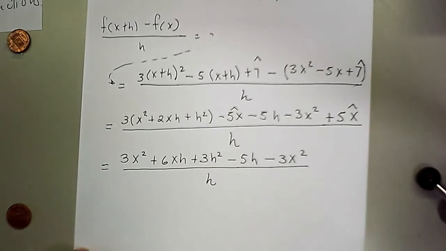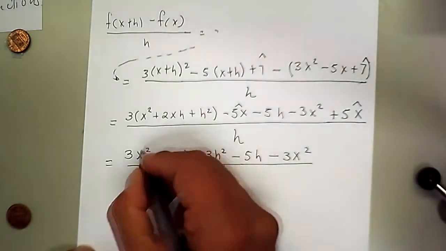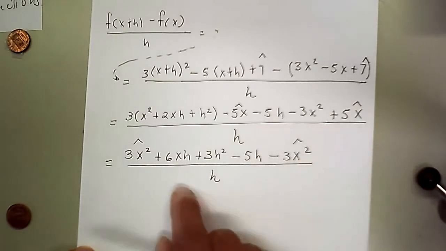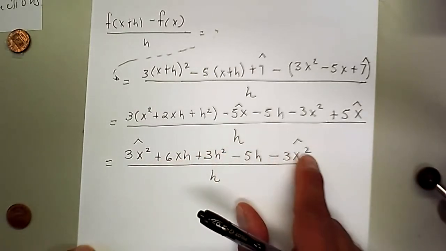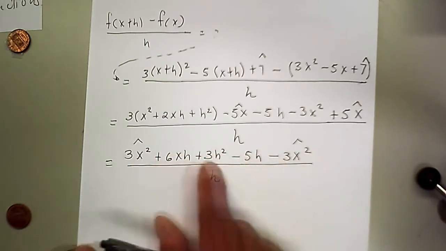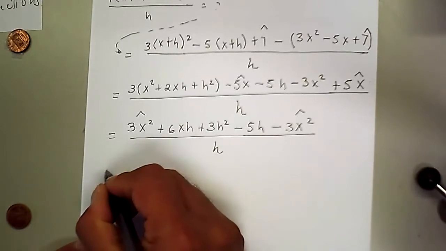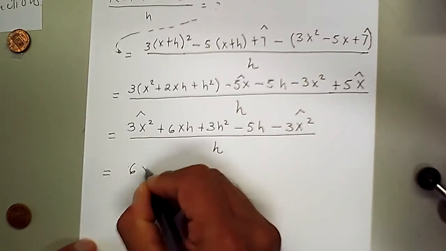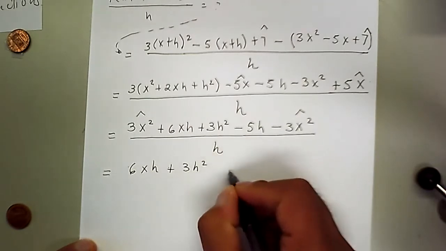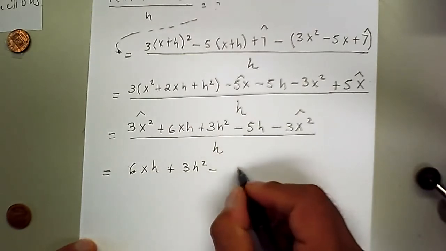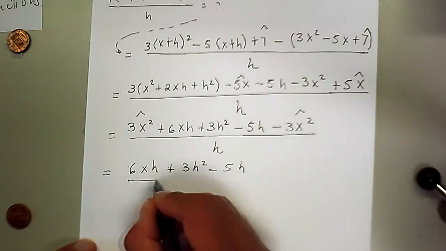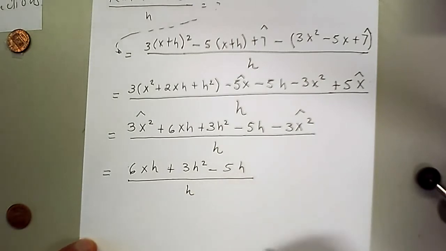All right. The only thing I notice we can simplify is the 3x squared with the 3x squared. So those two are going to simplify down to 0, and 0 added to what is left is still what is left. So we have now 6xh plus 3h squared minus 5h, over the h in the denominator.